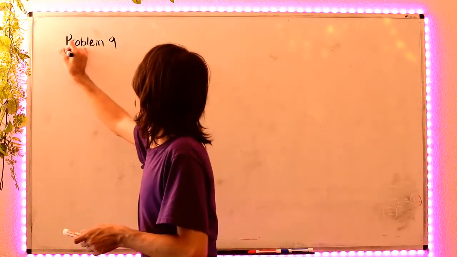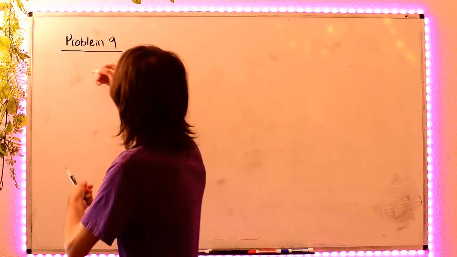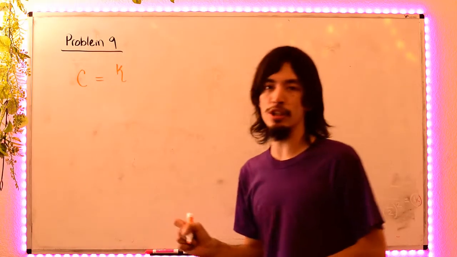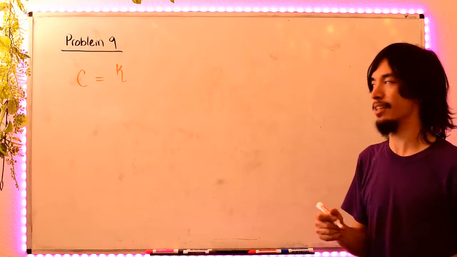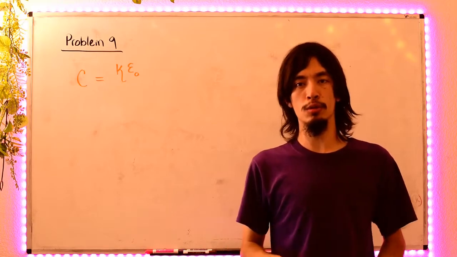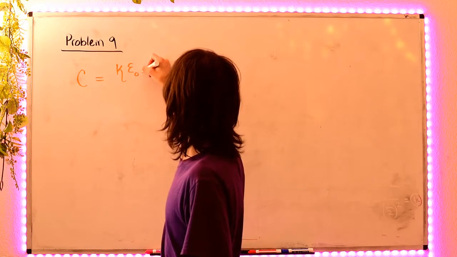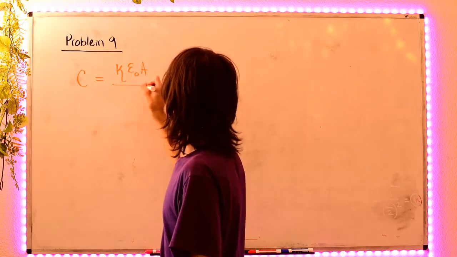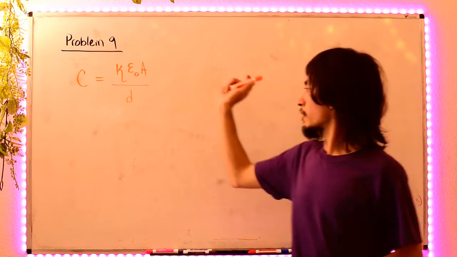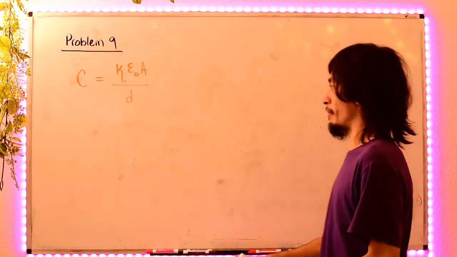So for this one, we would know that based on all these factors, the capacitance C equals some constant kappa, which is known as the dielectric constant, times epsilon naught, which is a numerical physical constant that is given, times the area of each plate, divided by the distance d separating the two plates. This would give us the overall capacitance of the entire system based on geometrical factors.